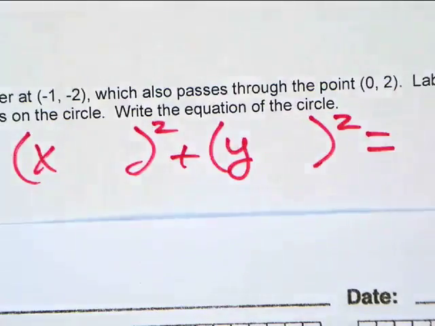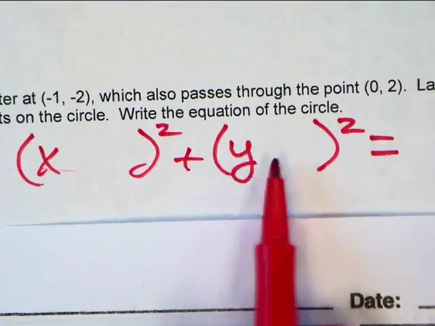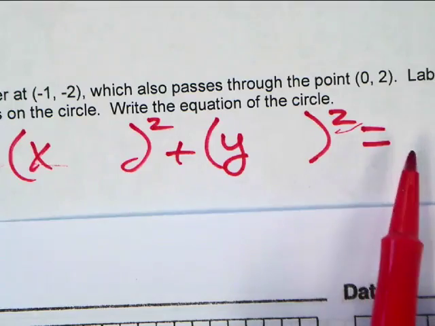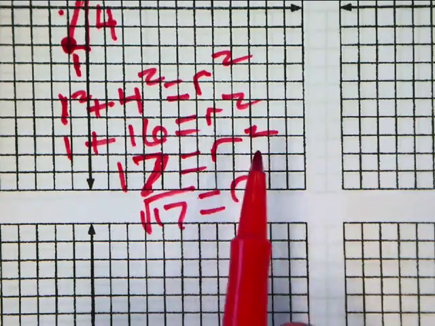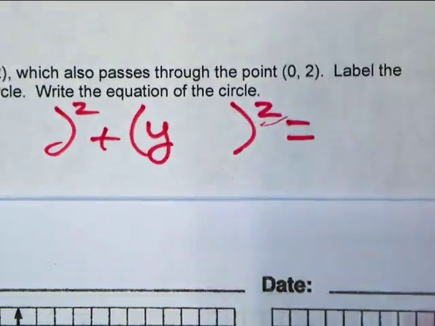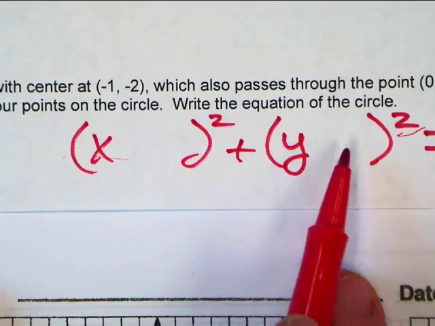Well, if we remember, we talked briefly about this equation, x plus or minus something squared plus y plus or minus something squared equals the radius squared. Well, what is the radius squared? The radius squared is 17. So we know right here it's going to be 17. Now what numbers do we put in the x and the y?